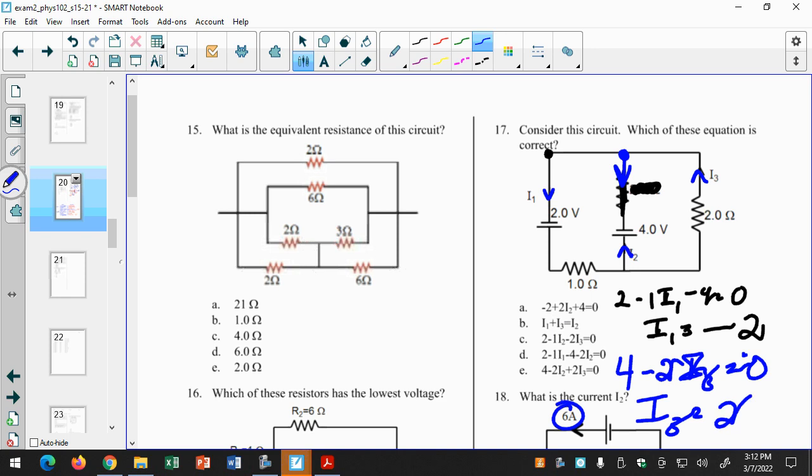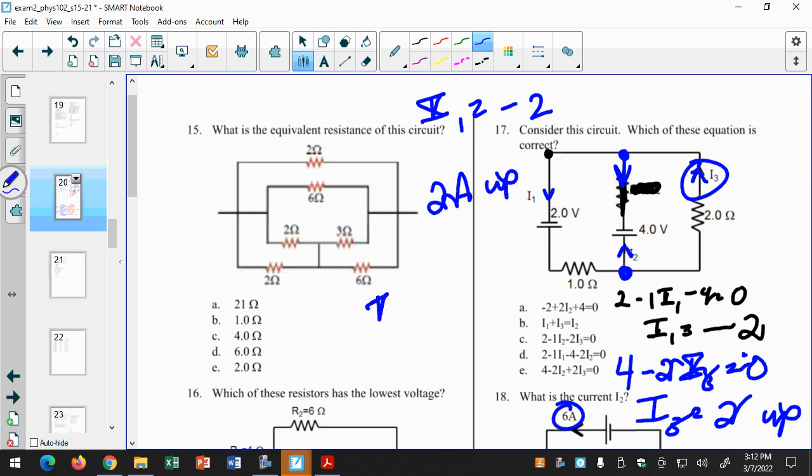That's right. So now I have I1 is equal to negative 2. That means I1 is negative 2. So if I were to write that, I would say it's 2 amps up. That's I1, because I had chosen it down. It came out negative, so I'll do it up. I3 was 2 amps. That's 2 amps up. It came out positive, so I use the direction that's there. And then if I want to know the third current, I'm going to use the junction rule, which you will want to know. I'll just pick a junction. I1 is coming in. I2 and I3 are going out.